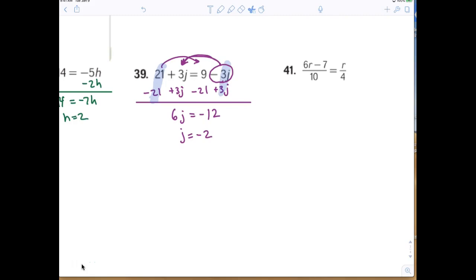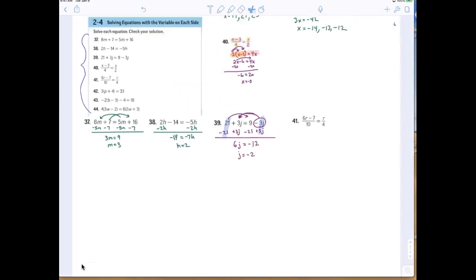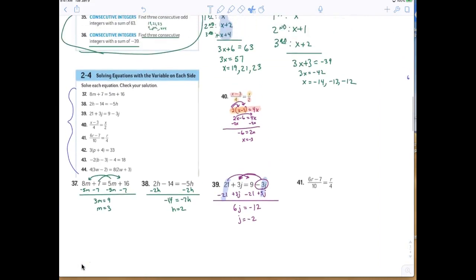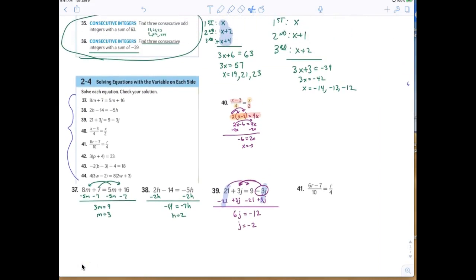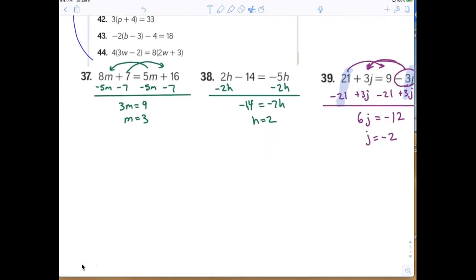I tried to tell you yesterday, mine's not the neatest in the world, but can you understand what I did? That's what should be on your paper or on your iPad. And some of you just can't write on an iPad. It's just way too sloppy.